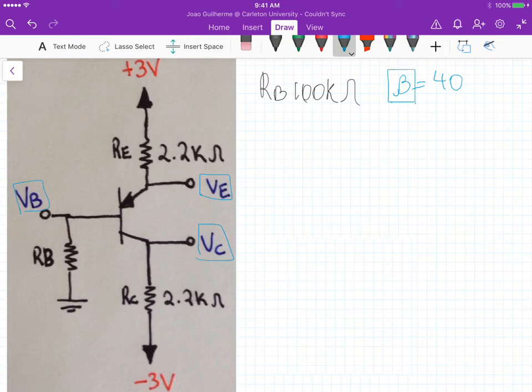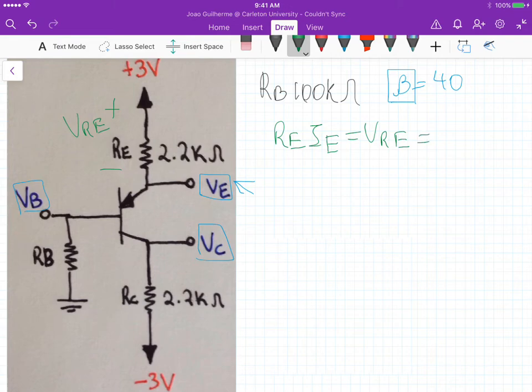And what's the value of this new beta in order to keep the same voltage? So we know that the voltage VE, we can calculate by figuring out the voltage drop across this VRE. And this voltage drop VRE is actually the current IE times the resistance RE, which is the same as 3 minus VE.